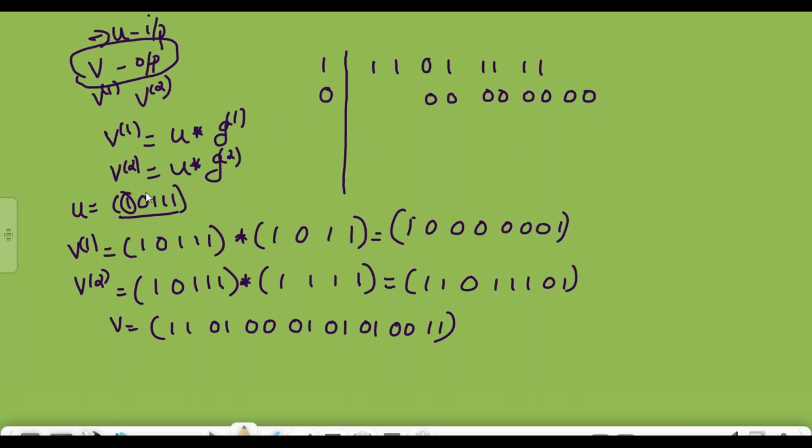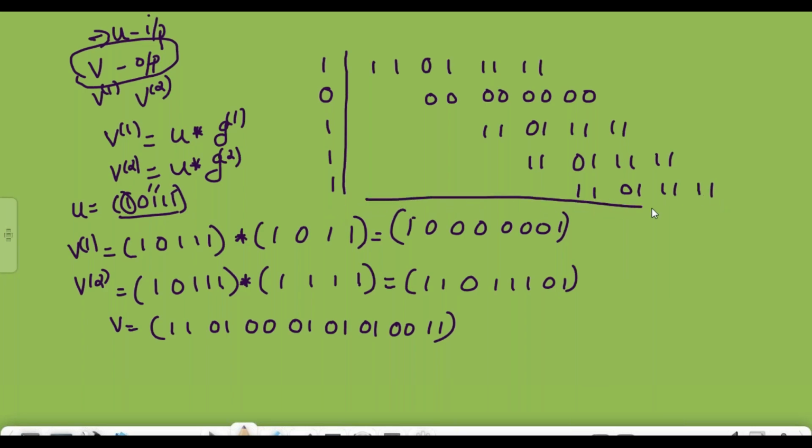Then the third input bit is 1, so by shifting two more bit positions we write this sequence, 1 1 0 1 1 1 1 1. The next bit is 1, so again shifting two more positions we write 1 1 0 1 1 1 1 1. Then the last bit is 1, and again shifting two more positions we write 1 1 0 1 1 1 1 1.